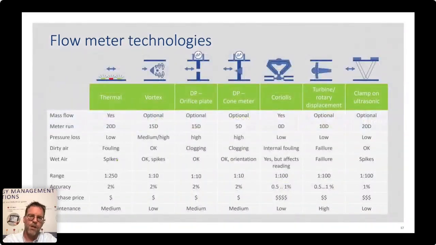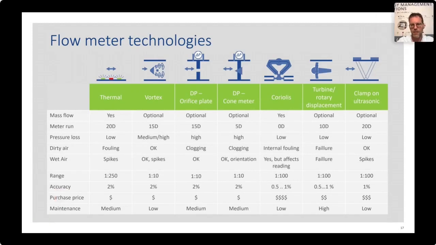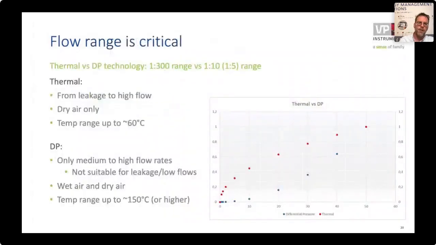Now this table gives an overview, and I'm not going to go through all these details right now, but it might be a good reference table for you to look at later after this presentation. But I would like to highlight a few things in the next slides that you could look at when selecting a flow meter. First of all is the flow range, also called the dynamic range or the turn-down ratio.